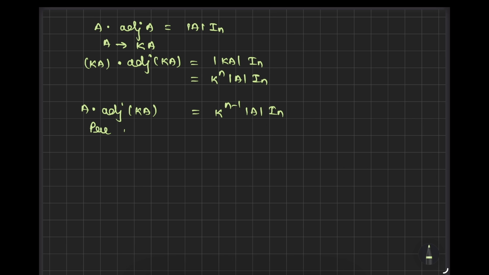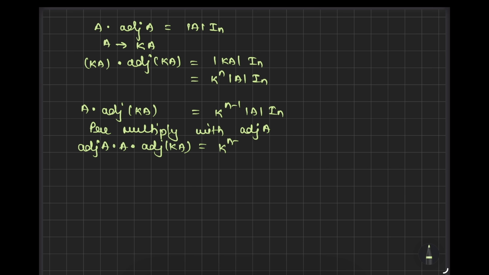So pre-multiply with adjoint of A. So this thing will become what? Adjoint of A times adjoint of KA.